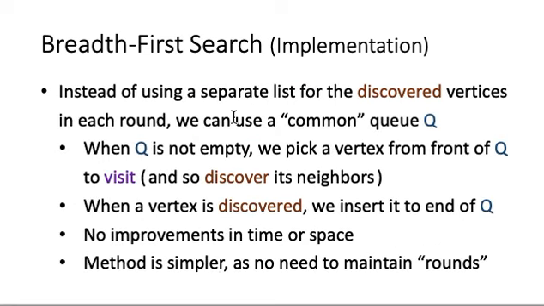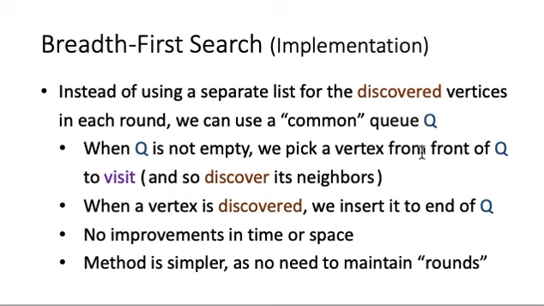But actually, we can do something a little bit smarter in the implementation. Instead of using a separate list for the discovered vertices in each round, we can use a common queue. Let's call it big Q. Whenever the queue is not empty, we will pick a vertex from the front of the queue to visit.